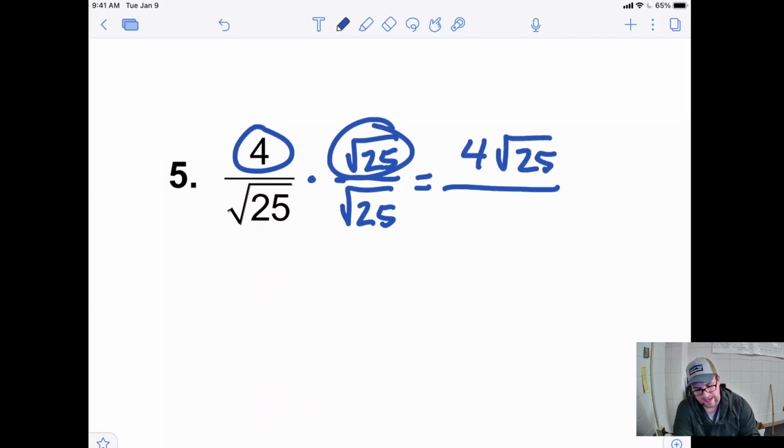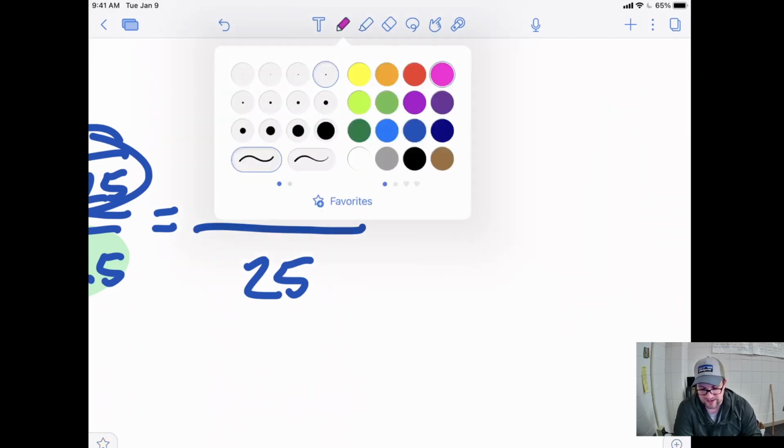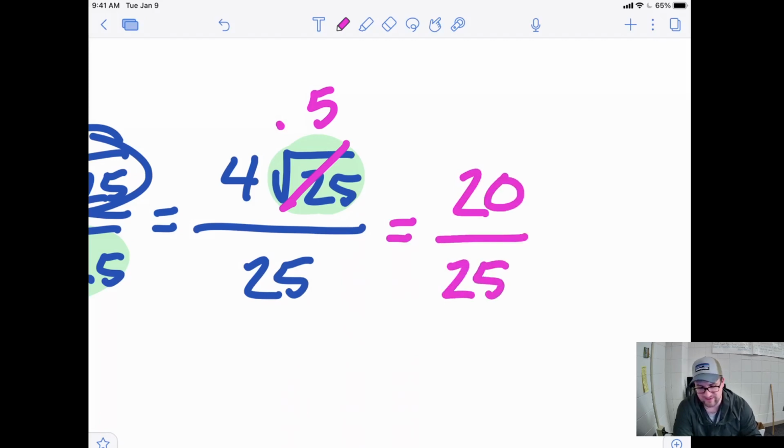over, now again, these are the same square roots, and we're multiplying them, so they're going to give us whatever number is inside the square root. We do have some more work to do here, right? No radical problem is ever simplified if we don't simplify the radical. The square root of 25, hopefully we know, is just 5, and 4 times 5 is 20 over 25.